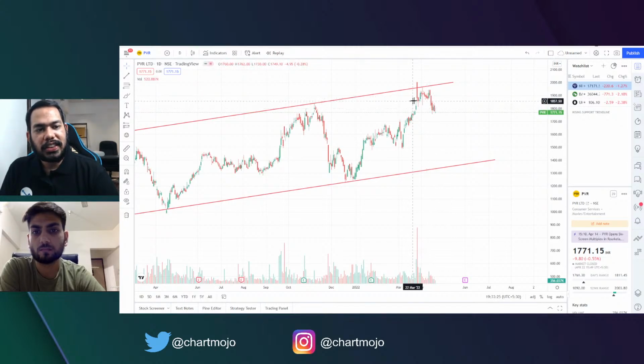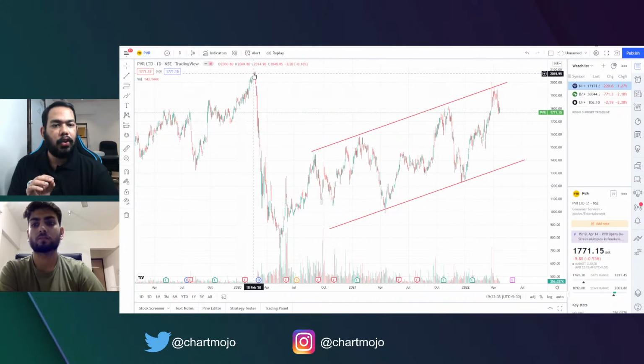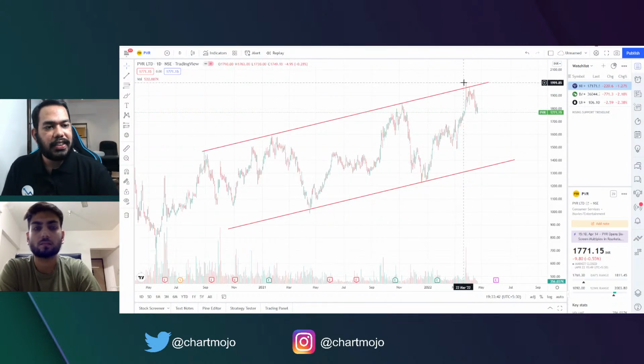So this consolidation has continued, and there was no breakout. So now it's very clear in the PVR counter. You can also see its all-time high around 2091, 2100, and you can see the recent swing high around 2000.